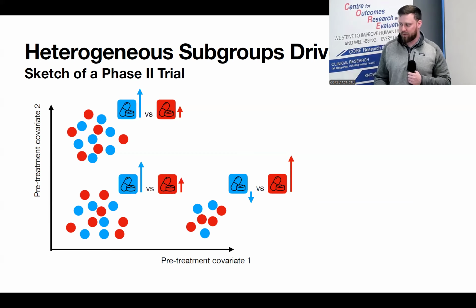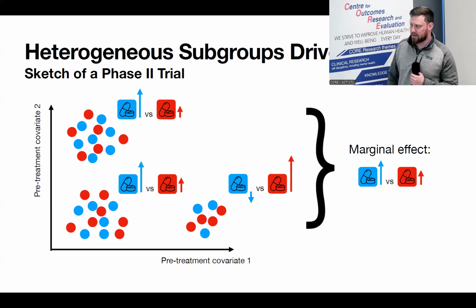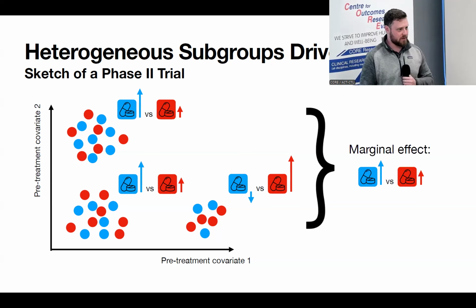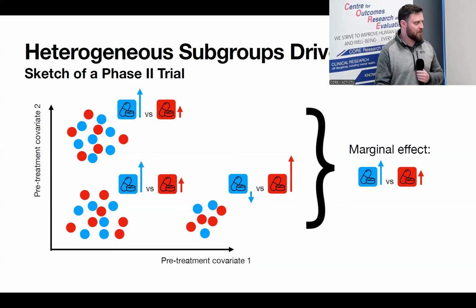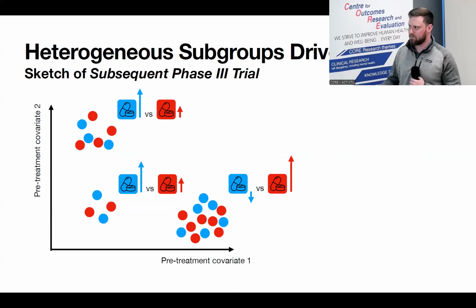Whereas in this small subgroup over here, patients who have this profile based on pretreatment covariate 1 actually have negative outcomes under the treatment and very good outcomes under the control. But you don't see any of these because you're not actually accounting for these subgroups. You only get the marginal effect, the average across all subgroups. And what you're going to see is that there is a slight benefit to administering the blue pill over the red pill, or the treatment over the control. So that's good. You move on to a phase 3 trial.